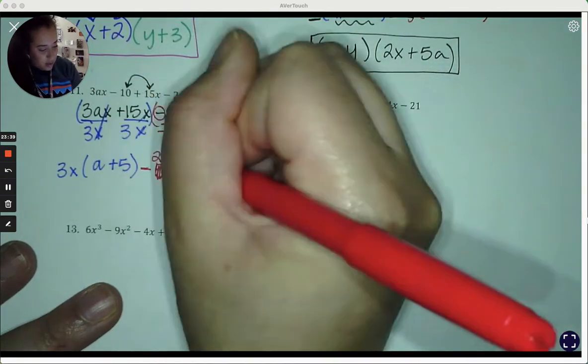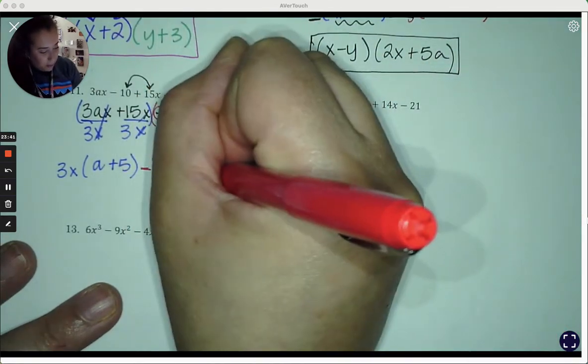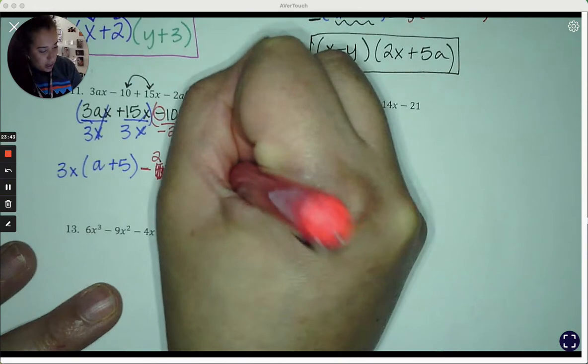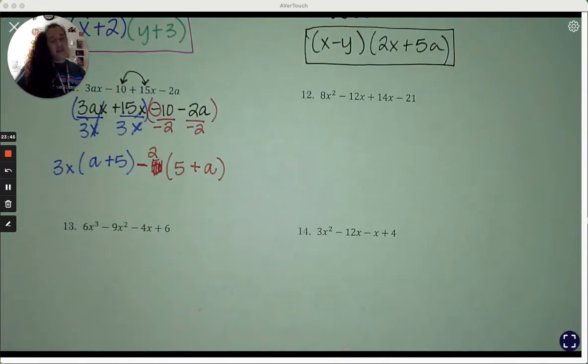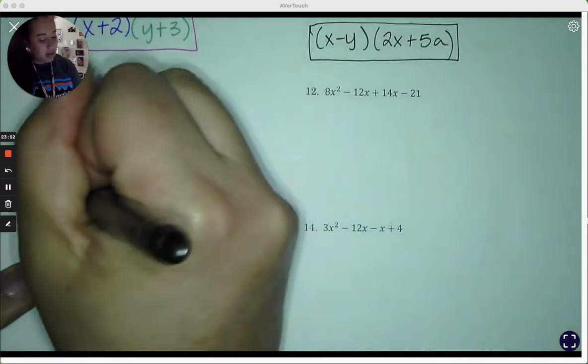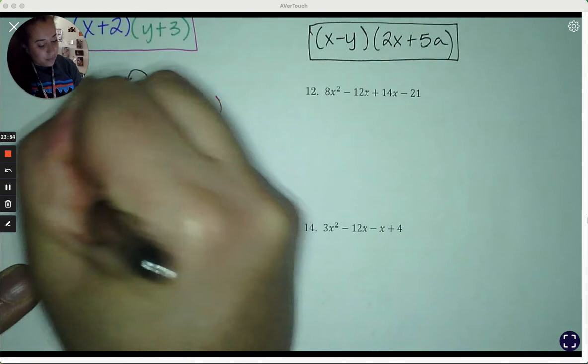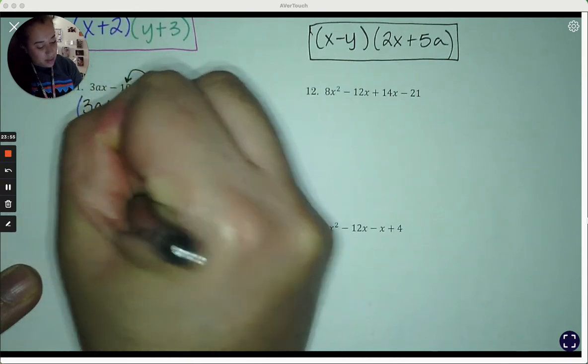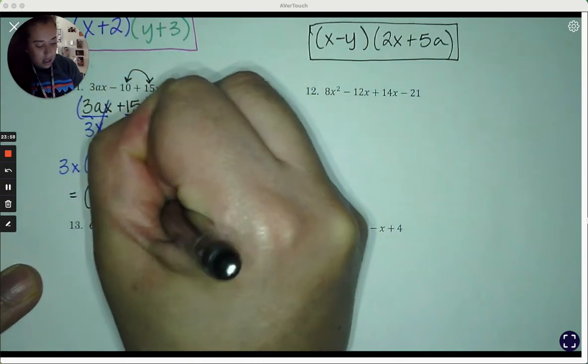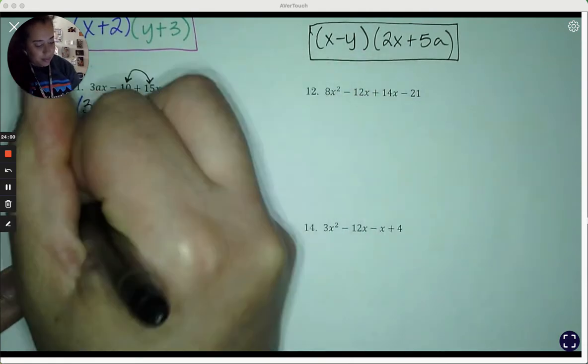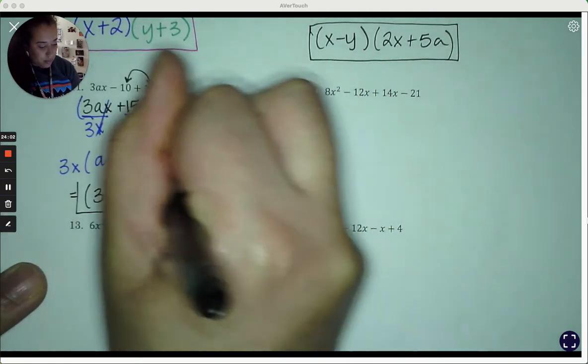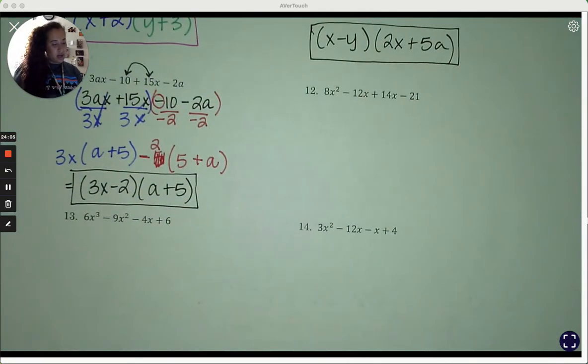Negative 2, so this should be a 5 plus a. 5 plus a and a plus 5 are the same thing, so that's why we are able to still write it like this. 3x minus 2 and a plus 5.